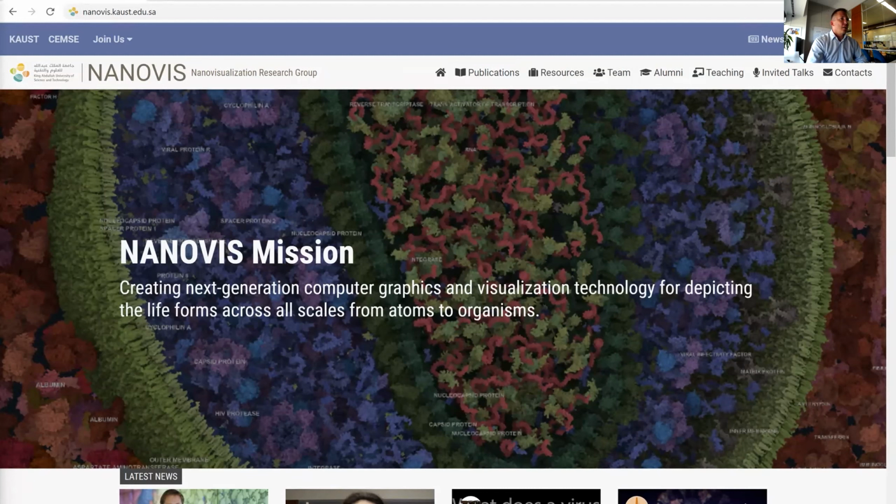You can see some of our work on our website, nanovis.org or nanovis.kaust.edu.sa. I'm welcoming you to check out the publications, but also the resources which are there, which might be quite interesting for you to use as models or code or software.